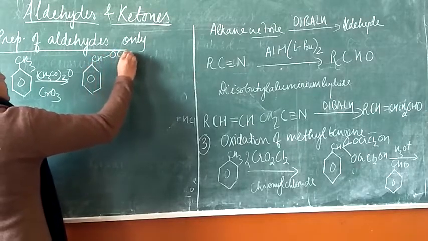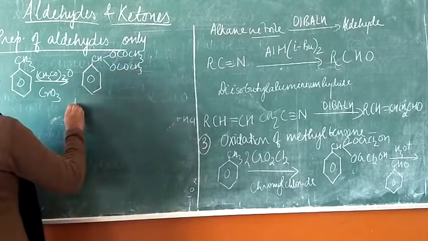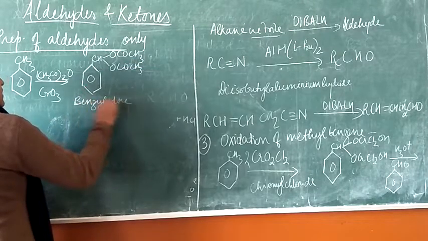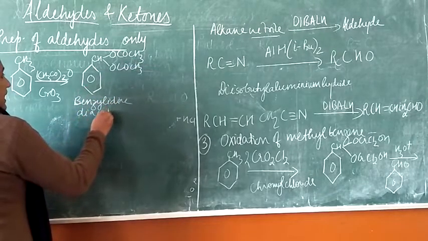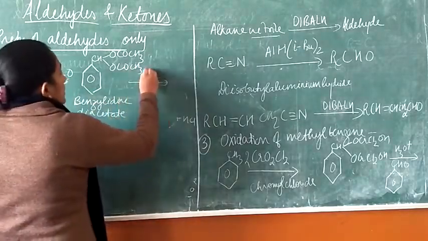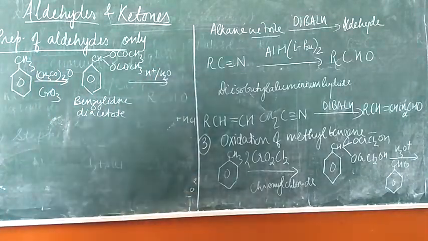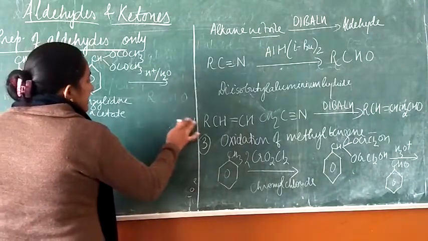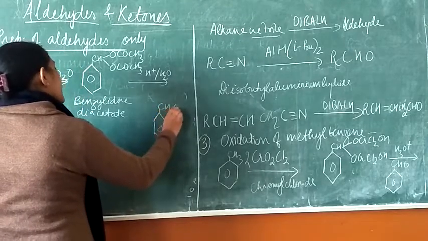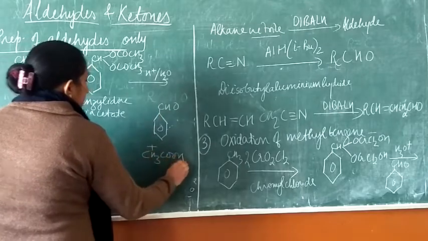This is OCOCH3, OCOCH3, which is known as benzylidene diacetate, which on acidic hydrolysis, not acidification, students, but acidic hydrolysis, we will obtain benzaldehyde along with acetic acid.